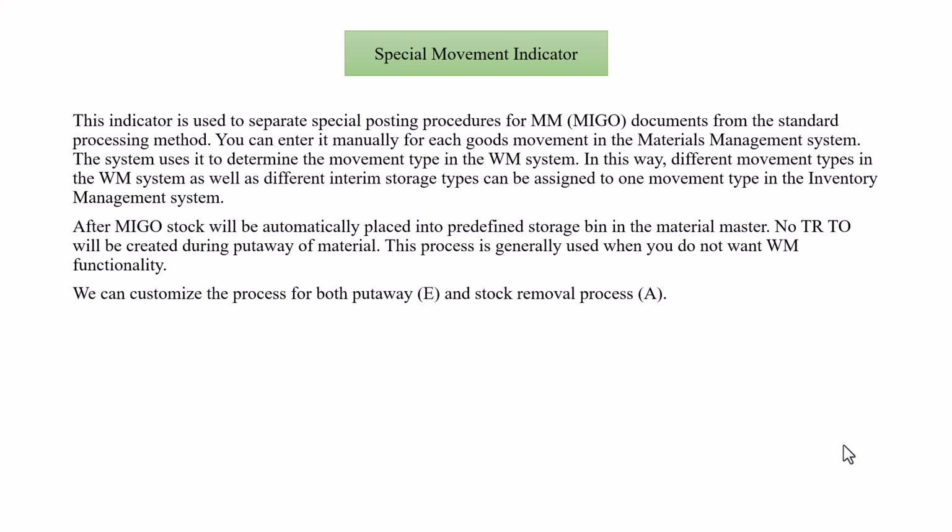So like if we have to store some chemicals or some big structure material and we do not want to follow the normal process, in that case we can use the spatial movement indicator, and this indicator can be used both for put away and stock removal process.